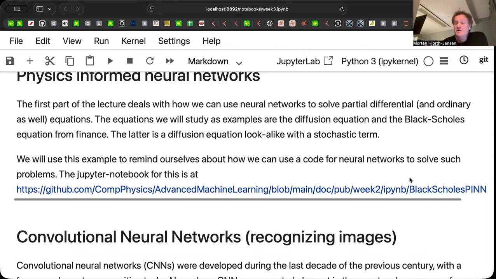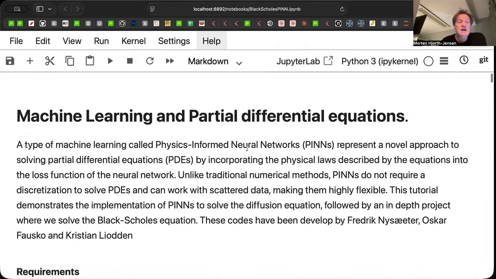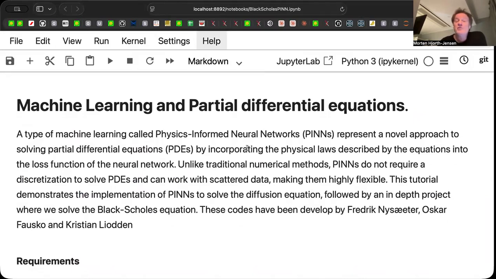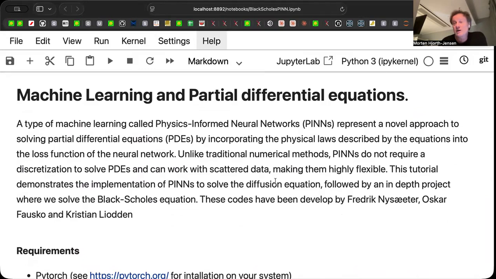So we are going to switch to these notes on the Black-Scholes equation. Let's just get started here. The type of machine learning methods called physics-informed neural networks represents a novel approach to solving partial differential equations.